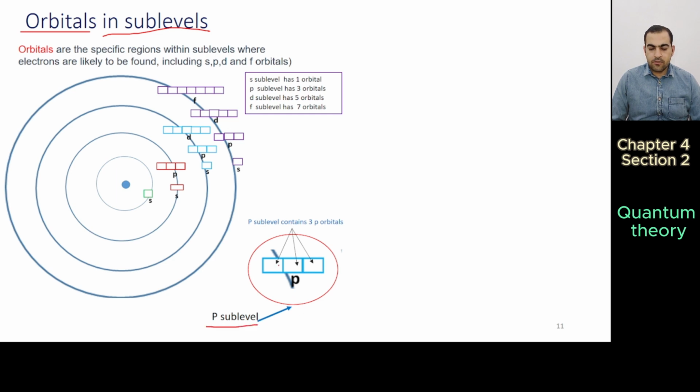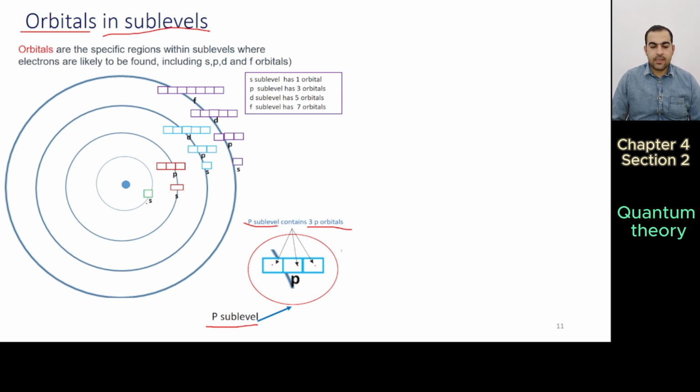The P sublevel contains 3 p orbitals. These squares, there are 3 squares. These are called orbitals. These are orbitals of the p sublevel.